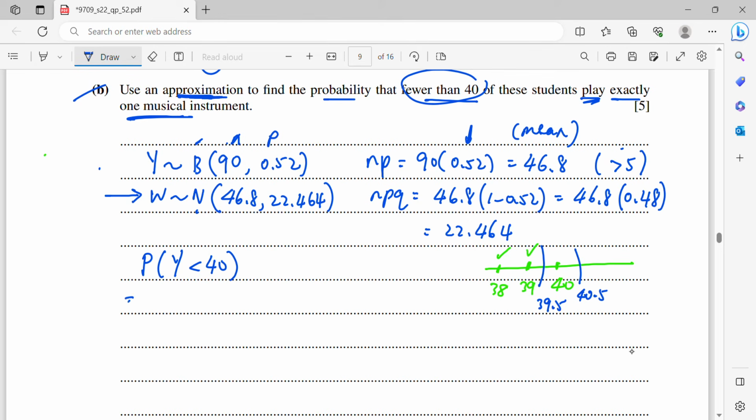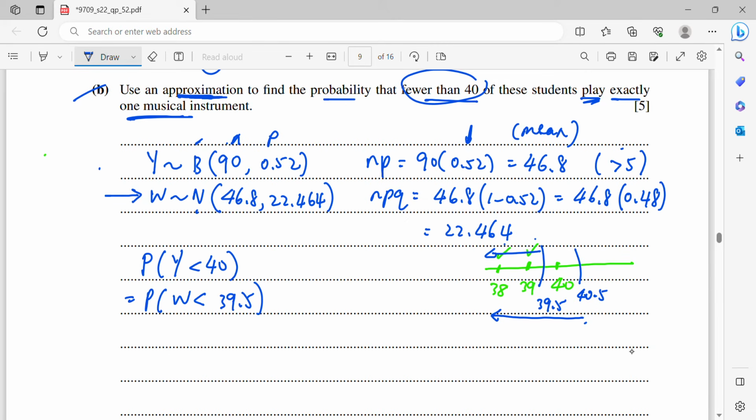Then here I will just write P, and instead of Y, you change to W. Rewrite the less than. Now your choices will be either W less than 39.5 or W less than 40.5. Obviously, to include these two green ticks, I have to choose 39.5. So it should be P(W less than 39.5).